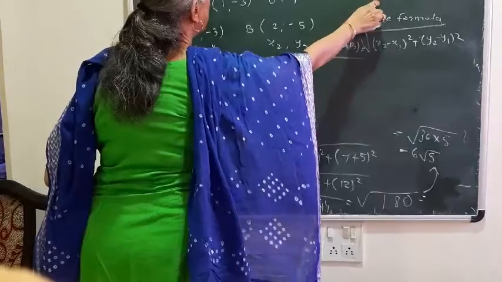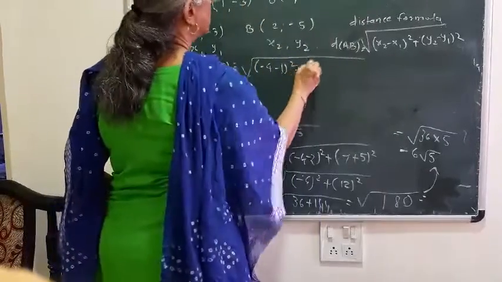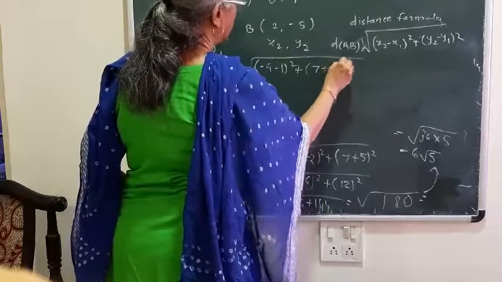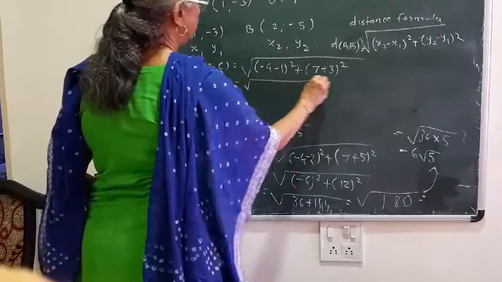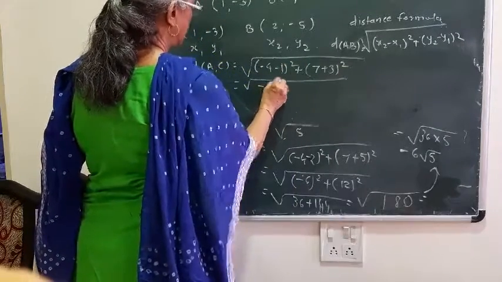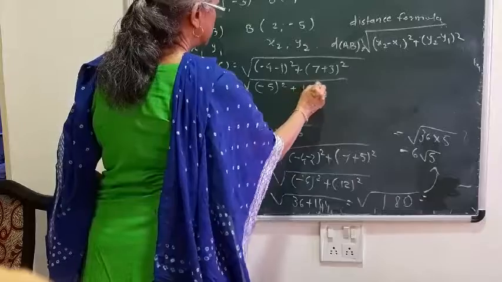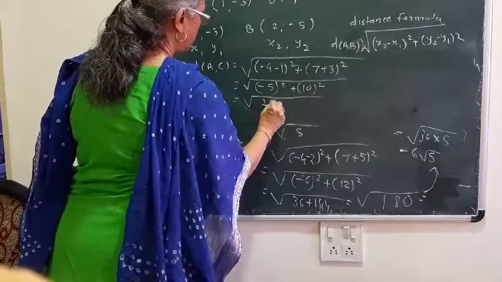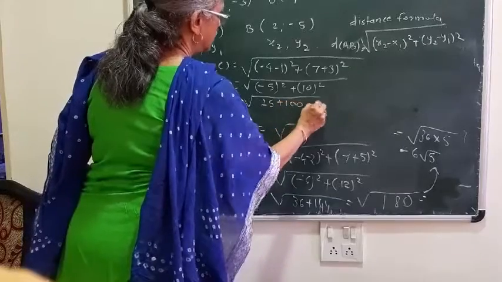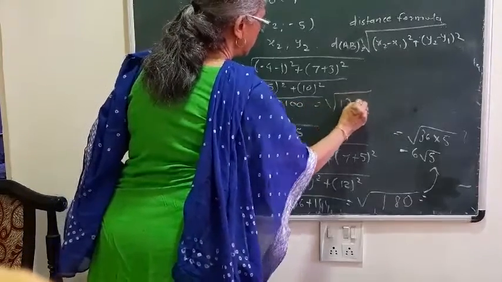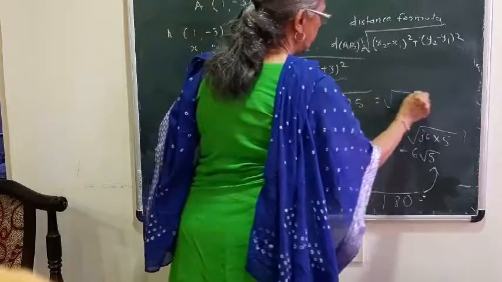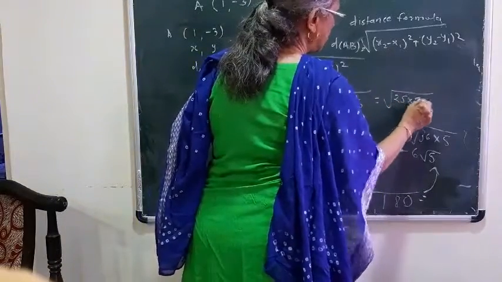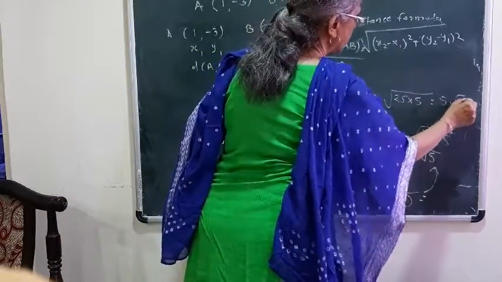This is x2 y2 x1 y1, plus y2 minus y1 bracket square. So that will be minus 5 square plus 10 square, so 25 plus 100. That is root 125. So that will be root 25 into 5, that will be 5 root 5.